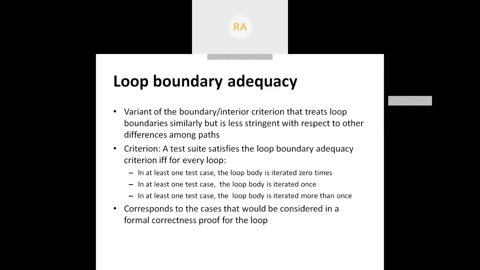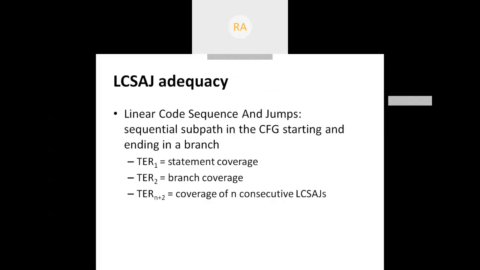After that, I have something called LCSAJ adequacy. What do you mean by this LCSAJ? Actually, in depth this is not there for you. As a part of this particular unit, I'm just telling you for your information.